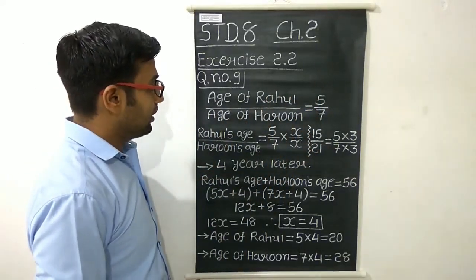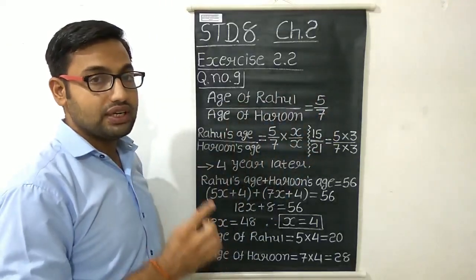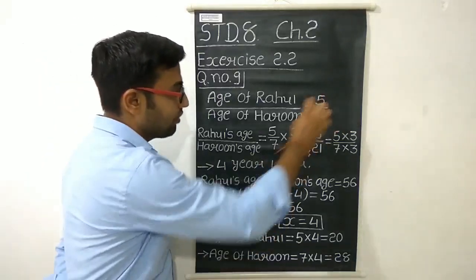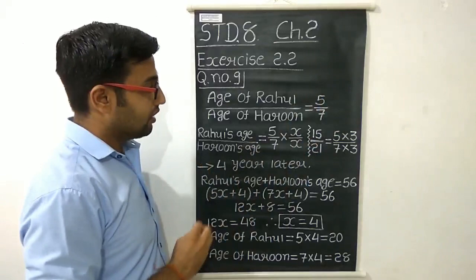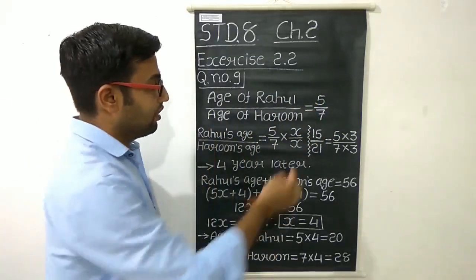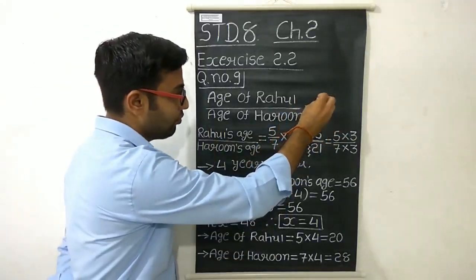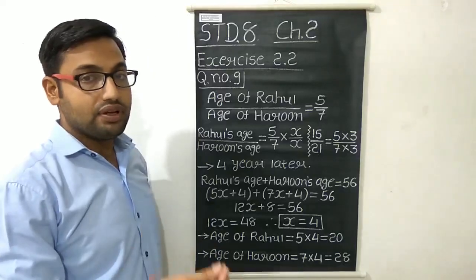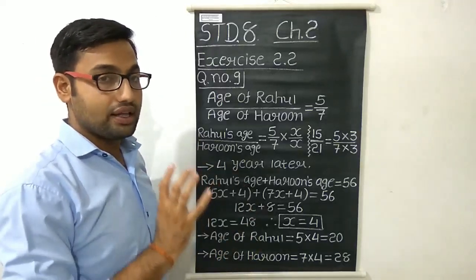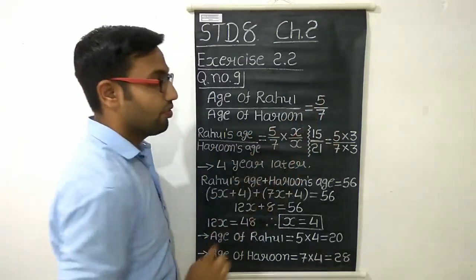Now here, what is this 5/7? It is the ratio. Ratio means these two numbers may be different from 5 and 7. If the numerator and the denominator have common factors, they get cancelled, and the result we are given is 5/7.